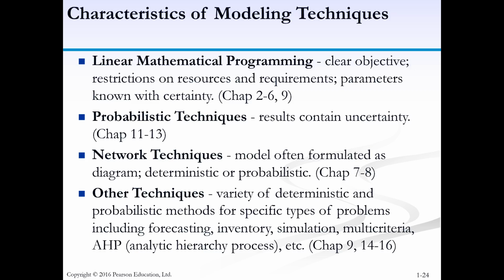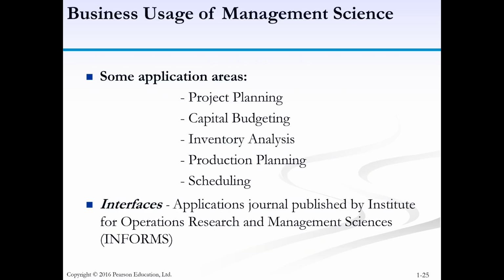This is just showing what chapters are there in this book. Some application areas of management science techniques are project planning and scheduling; PERT and CPM, for example, are discussed there.